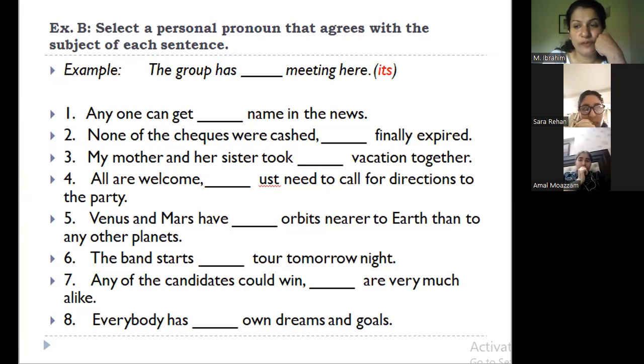Who would like to do the first one? Ma'am, I can do it. Very good. Anyone can get his name in the news. Very good. Amal, number 2.